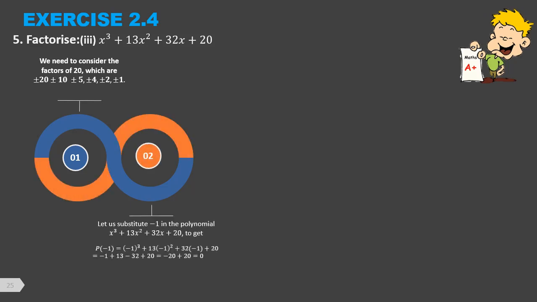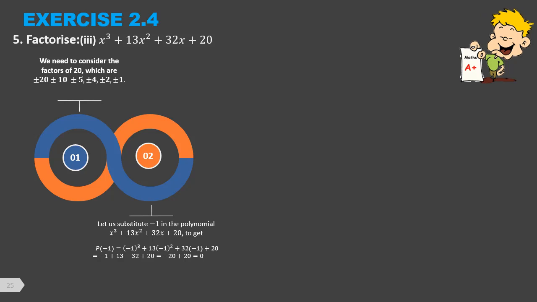Now we put in place of x plus minus 1 up to plus minus 20. By the hit and trial method, when we put x equal to minus 1 in the polynomial, then p of minus 1 is minus 1 whole cube plus 13 into minus 1 whole square plus 32 into minus 1 plus 20. Simplifying all these steps, the result is 0.